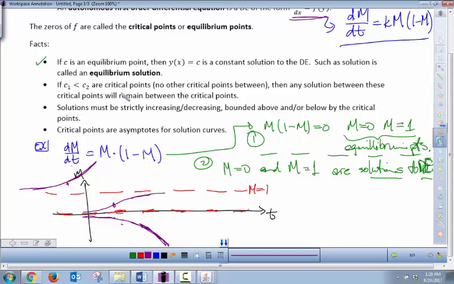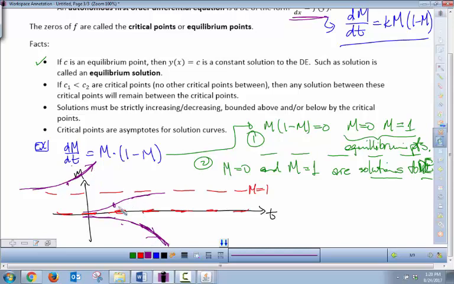So you can see that the solution curves are going to be bounded by those critical points, and they're going to be asymptotic at those critical points. And then your graphs are strictly increasing or decreasing. So I have strictly increasing here, strictly decreasing here.